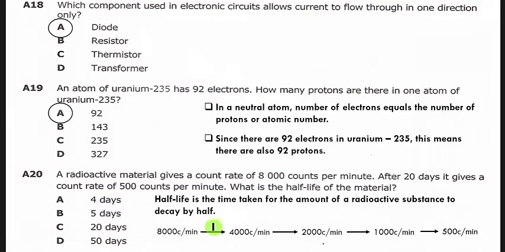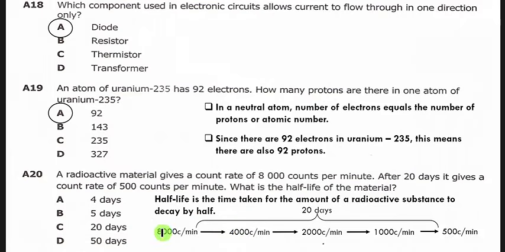Now you need to know how much time it has taken. They have told you that after 20 days it gives this count rate. So from 8,000 to 500, the total time taken is 20 days. Now if from here to here it is 20 days, how much can it take for half-life?